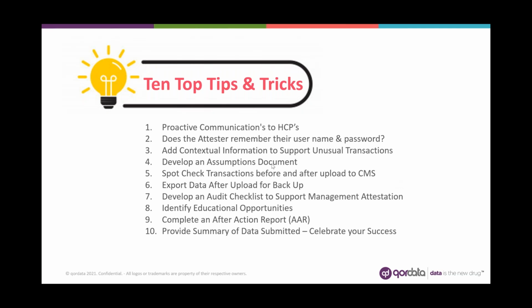So we've covered both from a technology perspective what you should look at when you get ready for submission into the portal, and from a business perspective some of the things you should take into account as you go into this submission cycle, including looking for duplicates, currency conversions, negatives, zeros, and high transactions that you want to mark and maybe proactively communicate to your HCPs, or add contextual information, or put into your assumptions document.